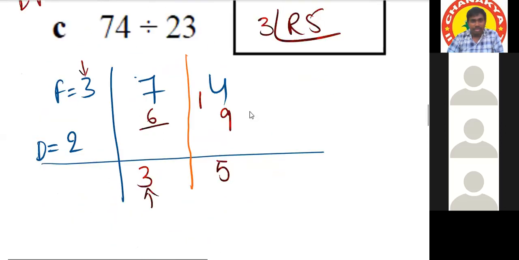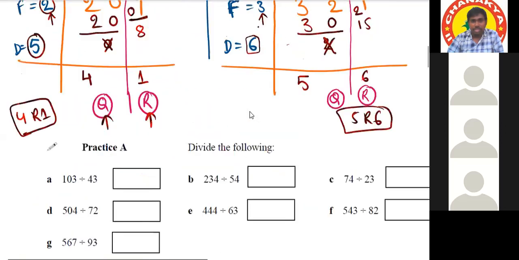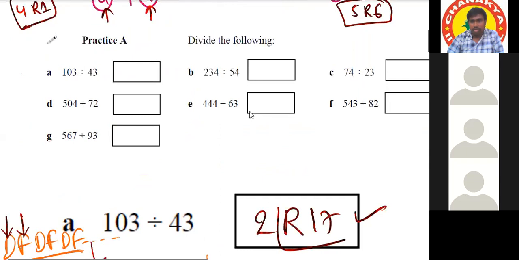And see, 3 questions are over. Now you can select your question. A, B, C are over. These are done. Vishnu, C. Manideep.